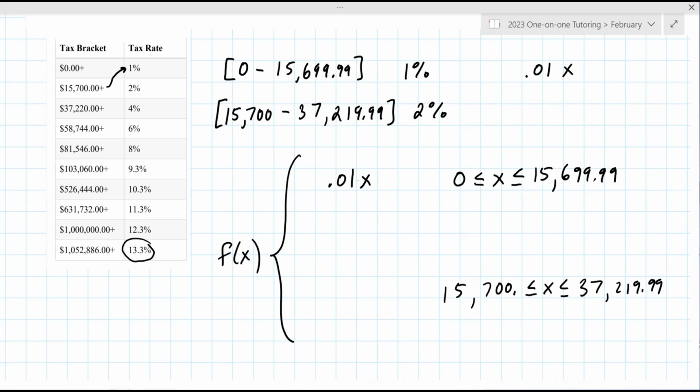This function represents how much you're going to pay in taxes. For the first one, it's easier: 1% all the way up to that threshold value. So now you have to evaluate it at that threshold value, that breakpoint. You go to your calculator, 0.01 times $15,699. We're going to round because it's right on the edge there with the 15,700, but it ends up being $157 right there at the threshold.